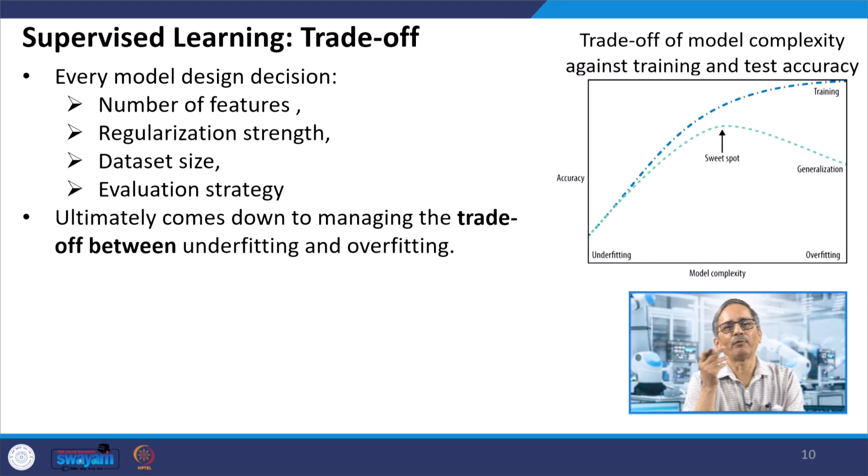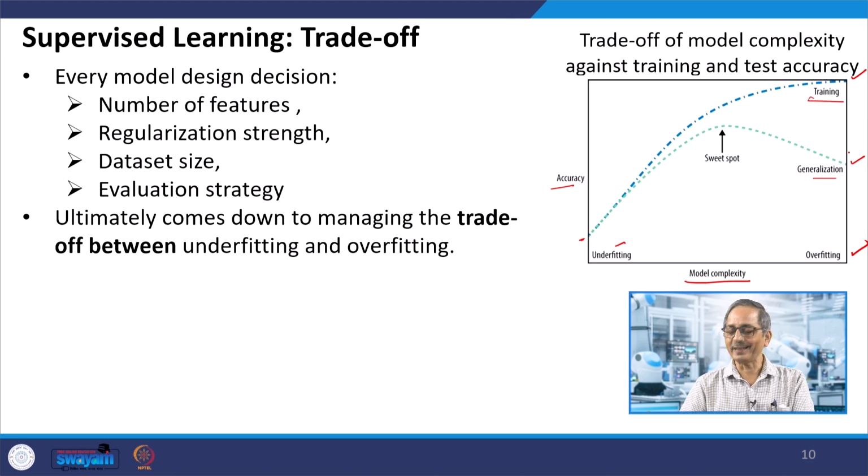So, what needs to be done? We need to have a trade off. If you look at the model complexity, if your model underfits, then your accuracy is going to be low with the training as well as with generalization. But if your model is overfitted, then your training accuracy is going to be very high, but the generalization accuracy is going to be low.